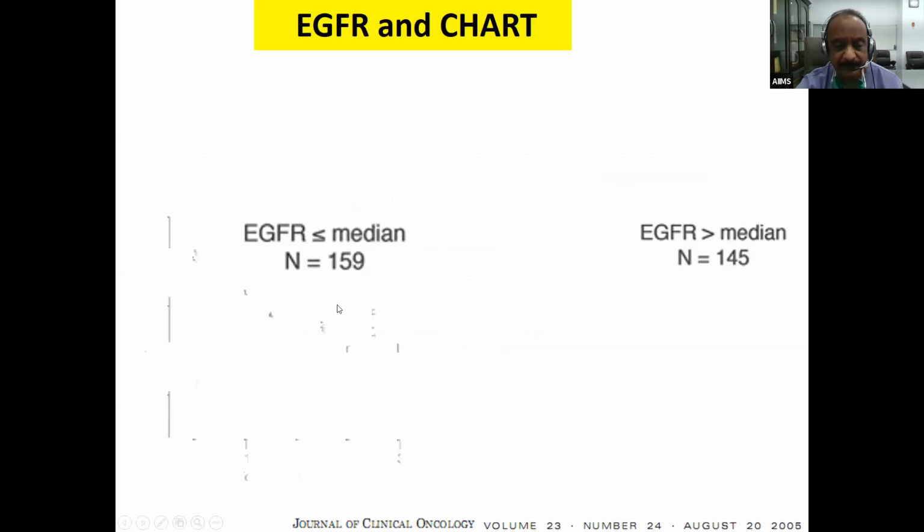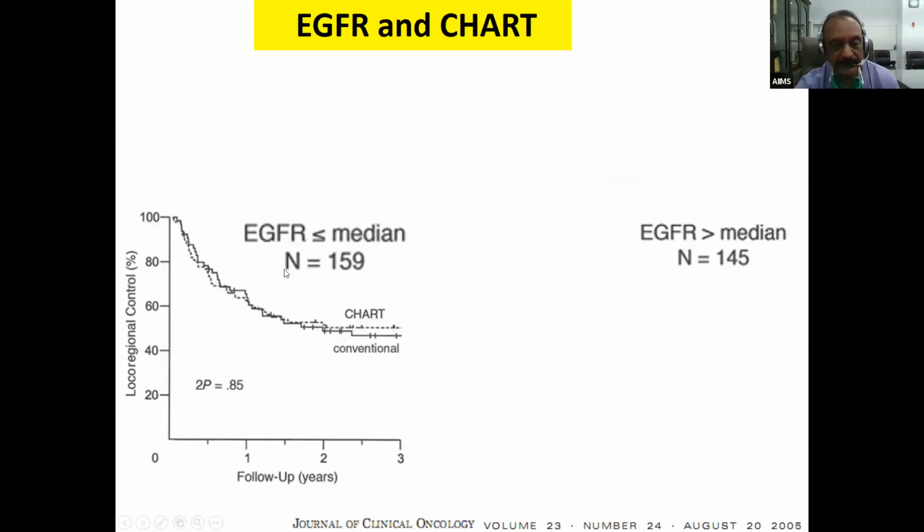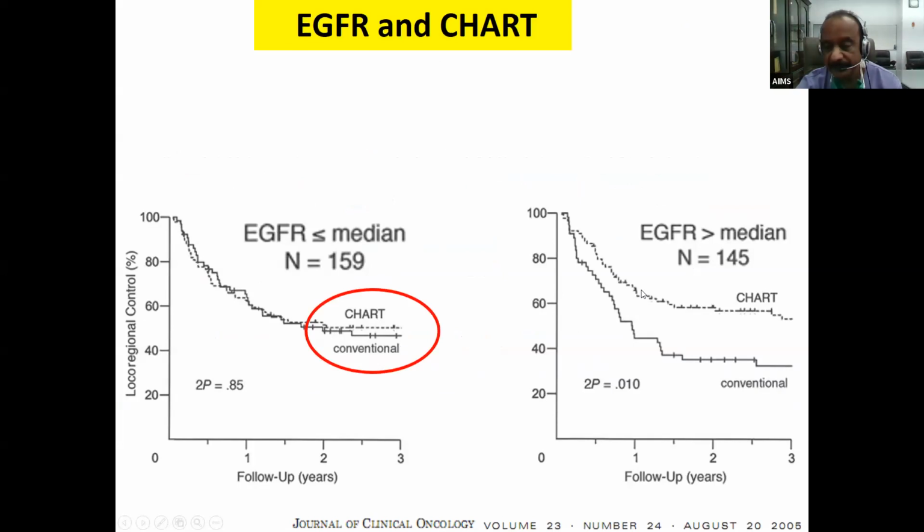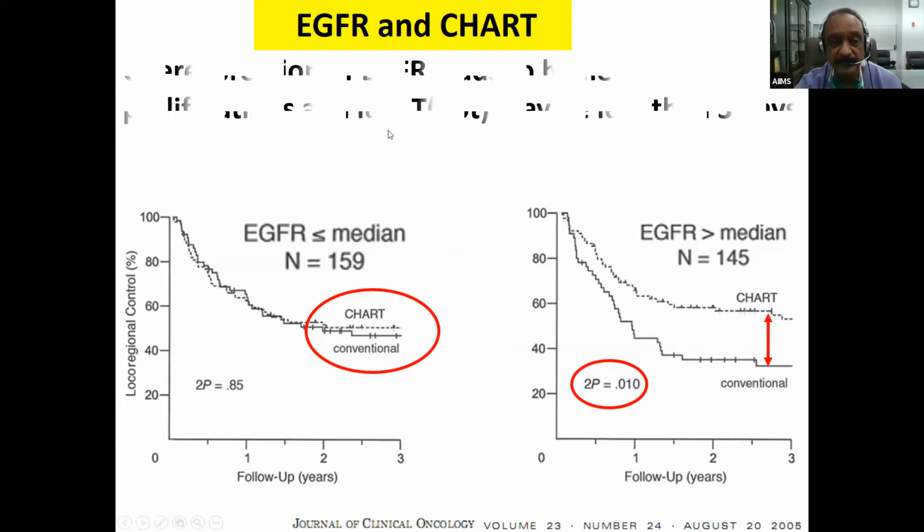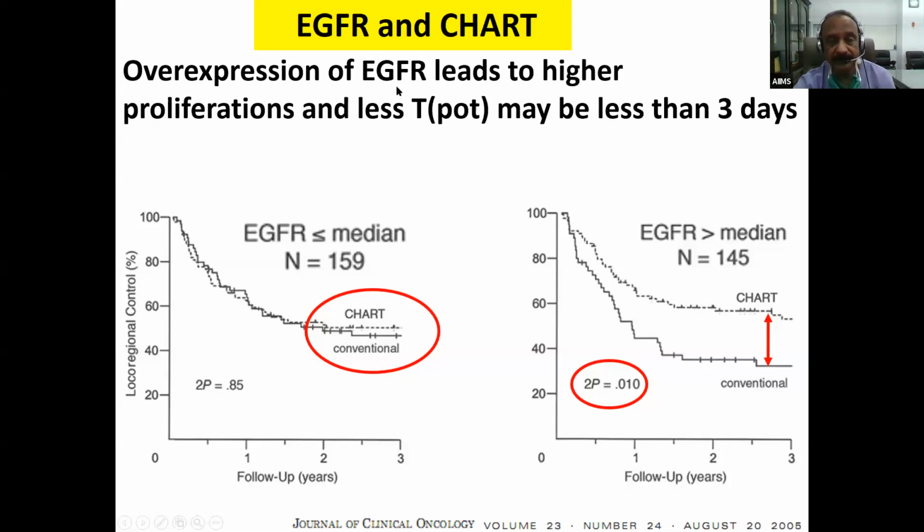And when they analyzed the data, they observed that in patients having EGFR less than median, there is no difference between the two arms. But when EGFR is more than median, there is a statistically significant difference between the two arms, and they explained it that overexpression of EGFR leads to higher proliferation and less potential tumor doubling time, maybe less than 3 days.